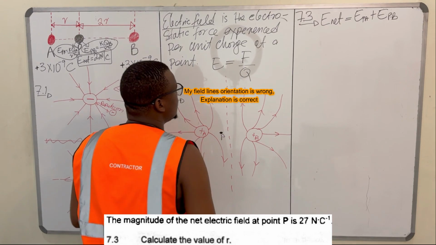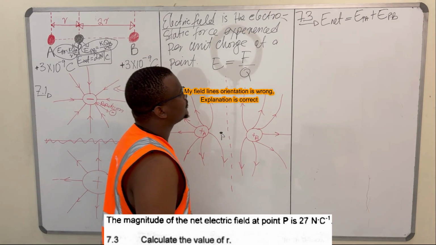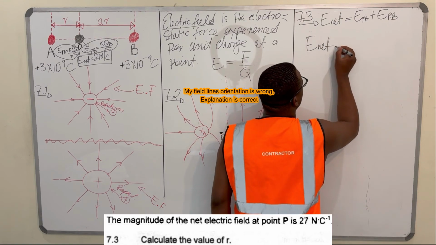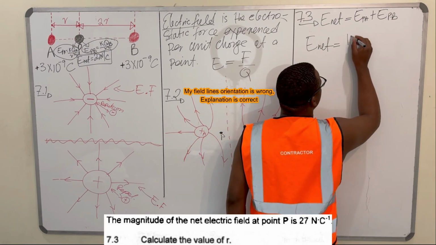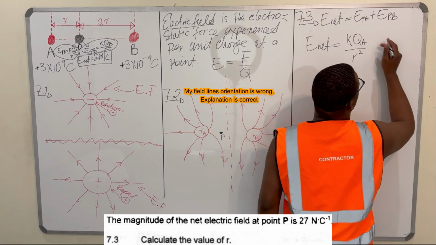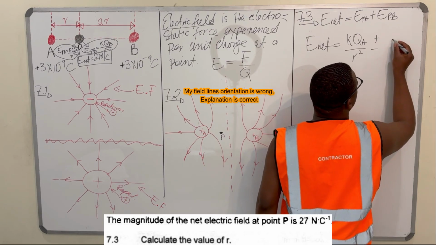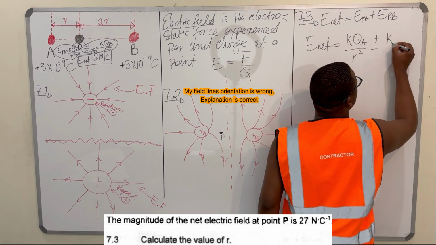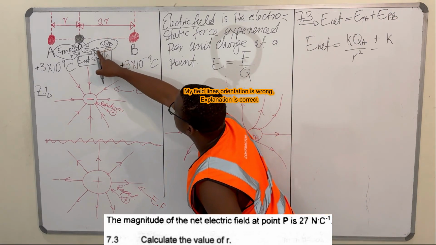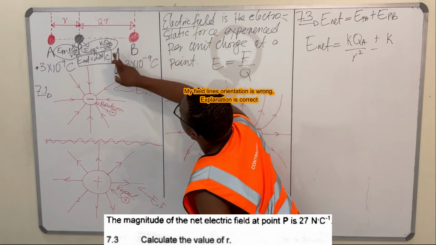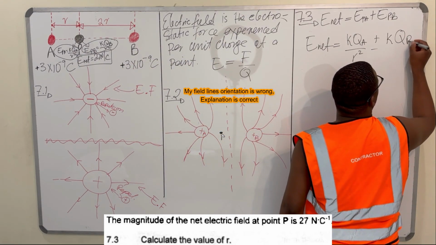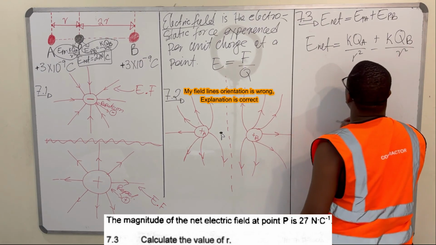So now, what you do, you say, okay, your E net will be equal to K Q A over R squared, plus, let's say plus or minus, K Q of B, which is charge B, over R squared.